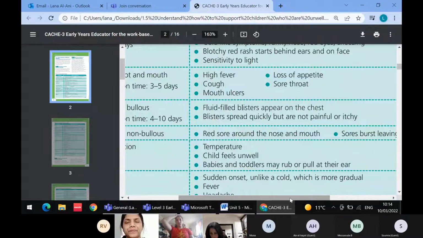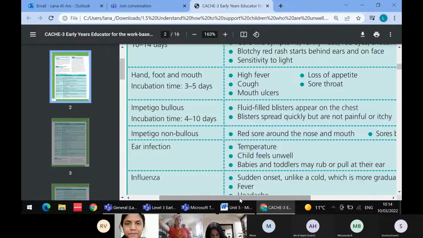It appears on the chest, okay? And also the blisters spread quickly, but it's not painful or itchy. You just find these blisters spread on the chest area, and you don't know what the reason is. So that's impetigo bulls. How about impetigo non-bulls?